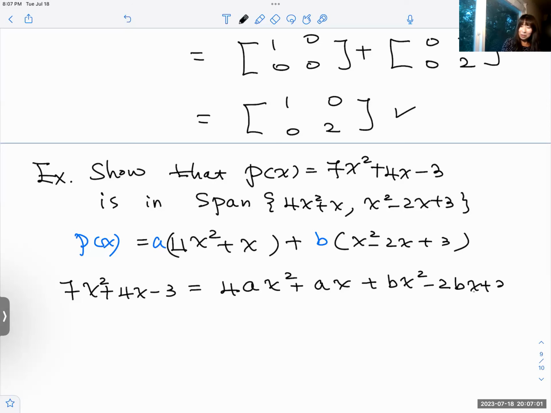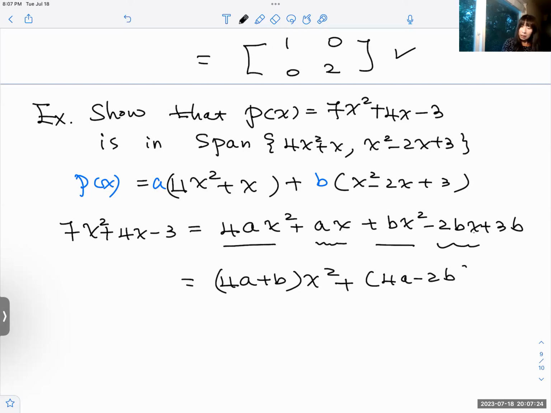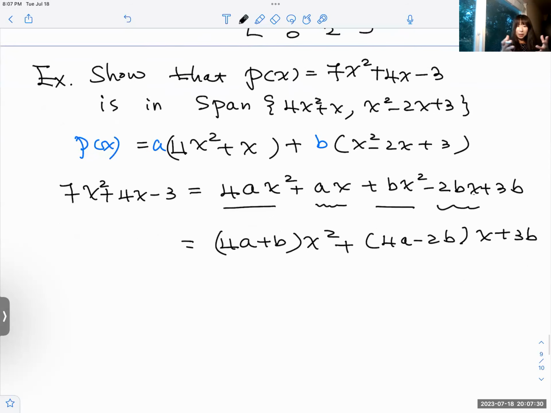So x squared: 4a plus b, x squared plus the x term, 4a minus 2b, x, plus 3b, right? Okay, now it's corresponding.